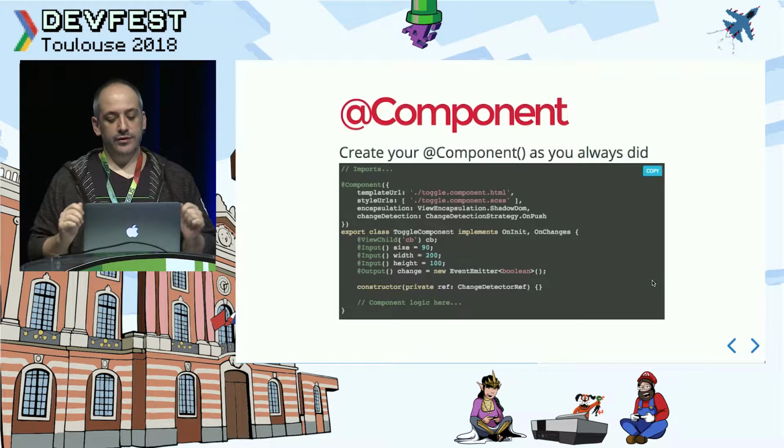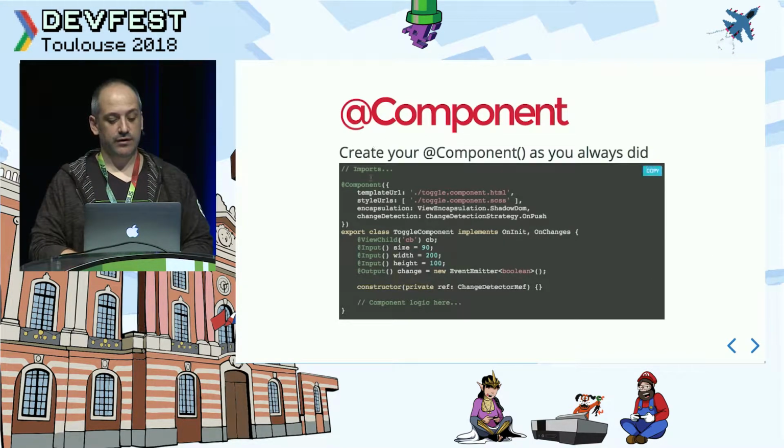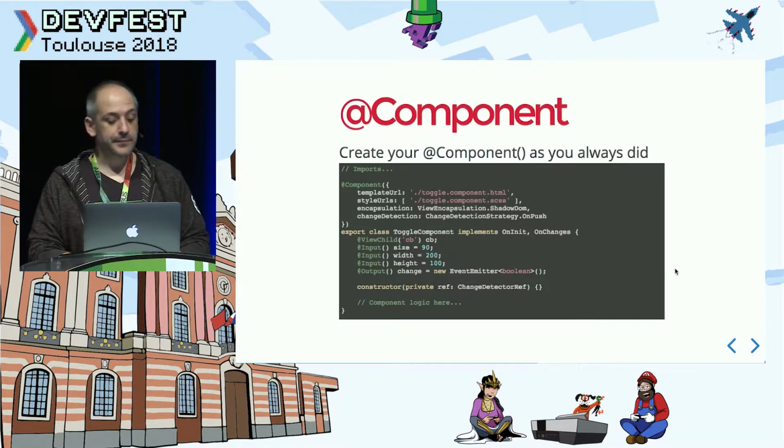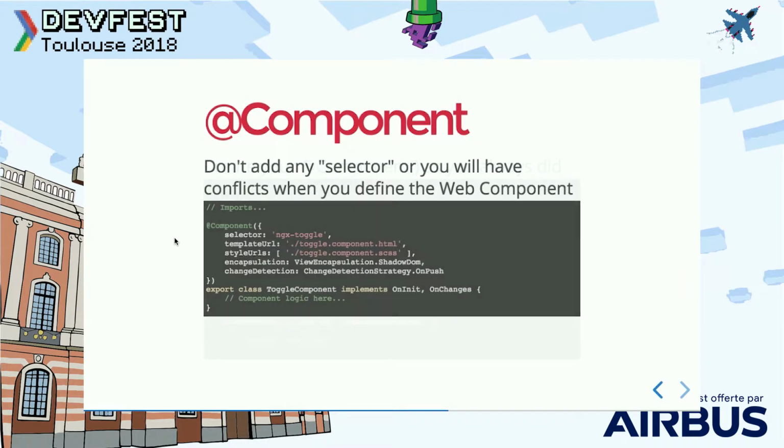So first of all, you have to create your component as you always did in Angular. That means that you are going to define your class with your inputs, outputs, whatever. And then you will define your component with the declaration.